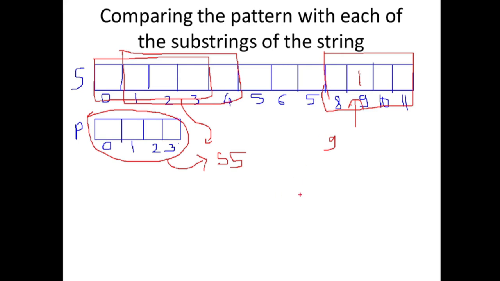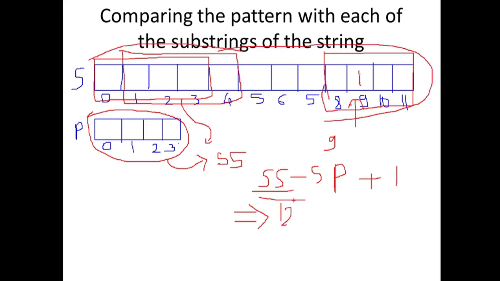We can find how many substrings we will get using the formula: size of the string minus size of the pattern, plus 1. Let me note down the values over here. What is the size of the string? In this string, how many characters are there? 12 characters, so that is 12. Then what is the size of the pattern? 4. So 12 minus 4, plus 1, is equal to 9.